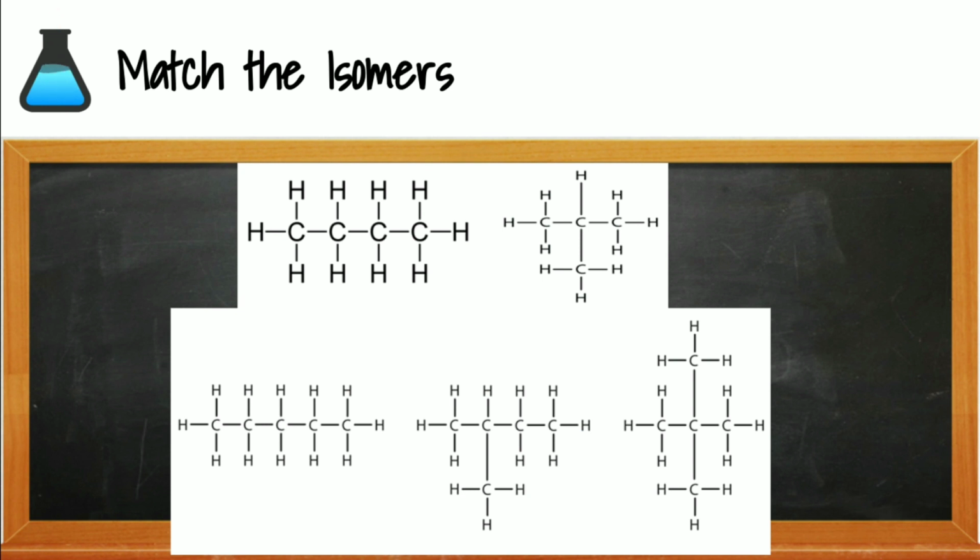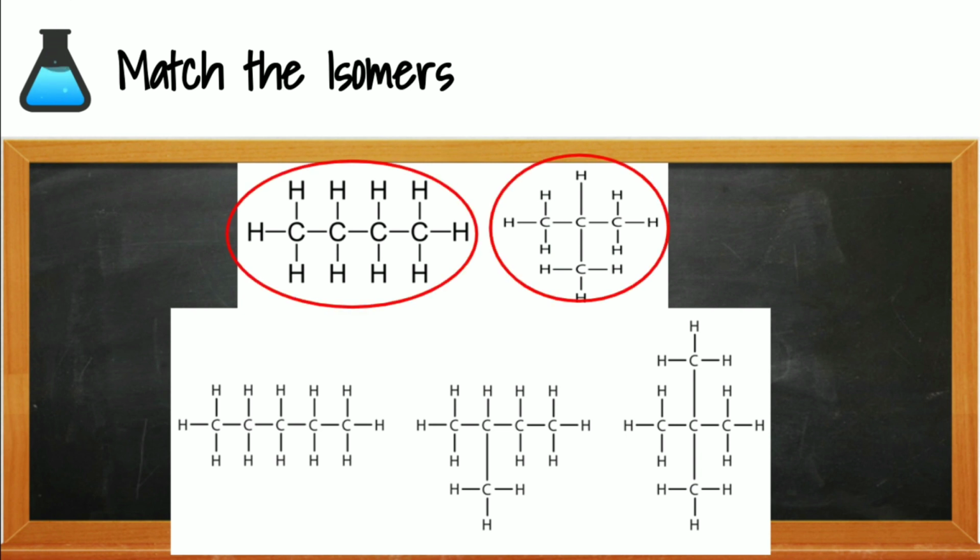So take a minute to look at these structures and see if you can find the compounds that are isomers. Here, the first thing we have is C4H10, and we can see that the item to its right is also C4H10. So these are a set of isomers.